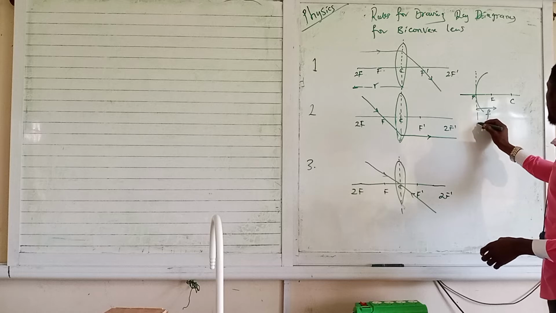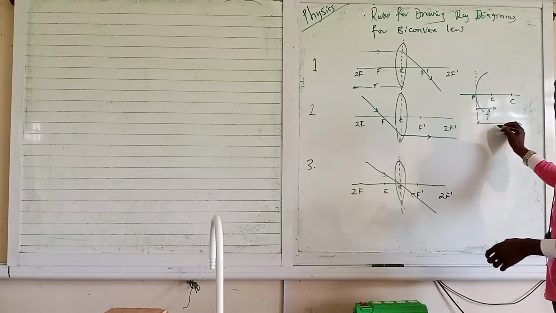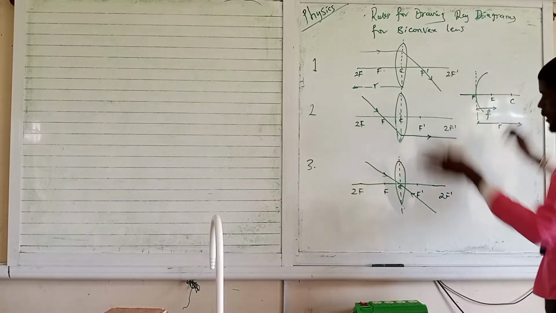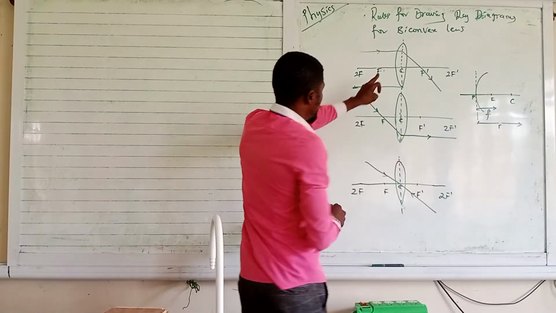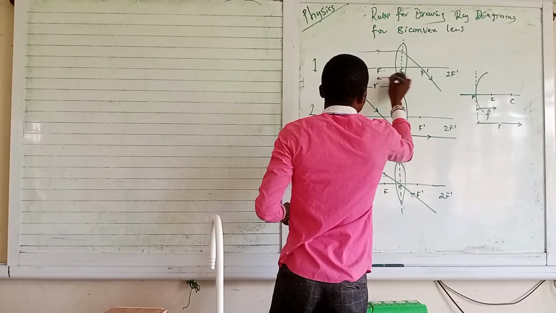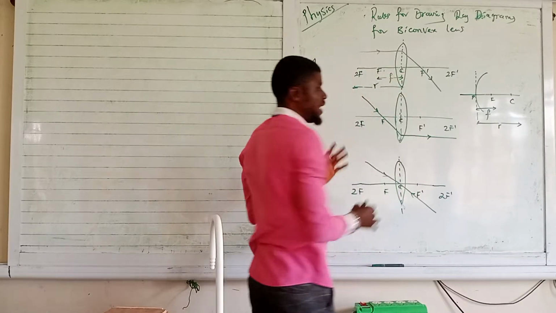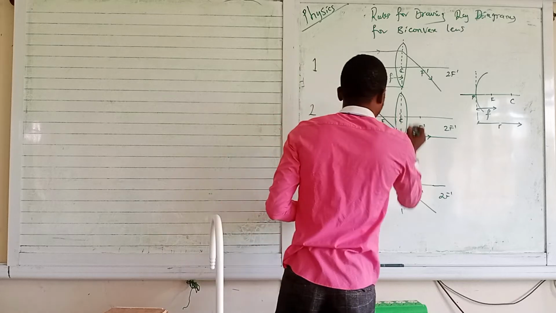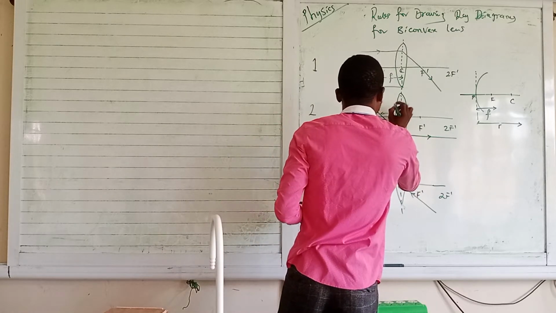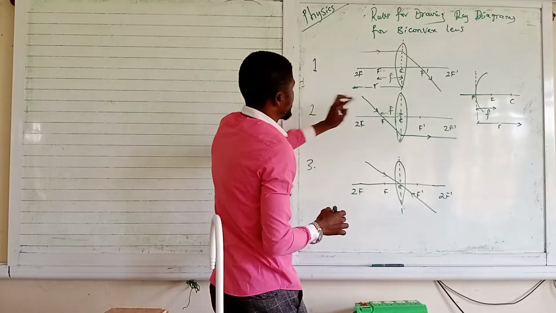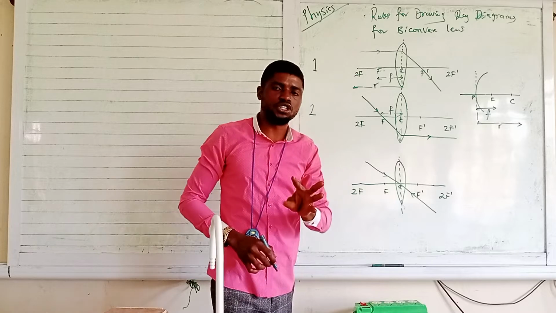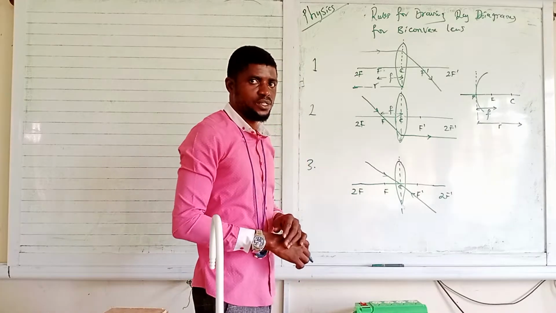And then from here to C is what? Your r. So we are going to do the same thing here. The same thing from F to C is simply the focal length of the lens. And from C to 2F is the radius of curvature of the lens.